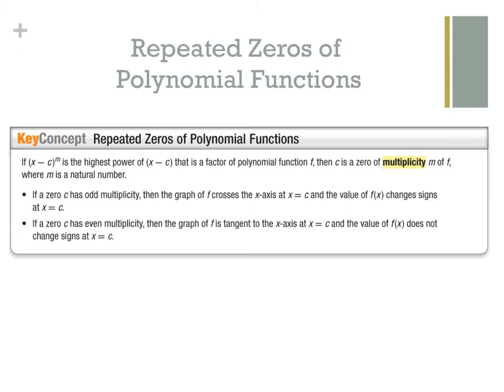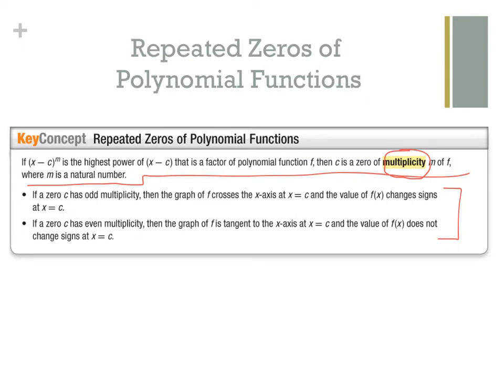Alright, so we're going to talk more about repeated zeros of polynomial functions here. And there's a lot of big words in this definition or key concept here. One of them that should be familiar from the last two slides is multiplicity. I don't really care so much about this definition up here, but I want to talk more about these two bullet points down here.